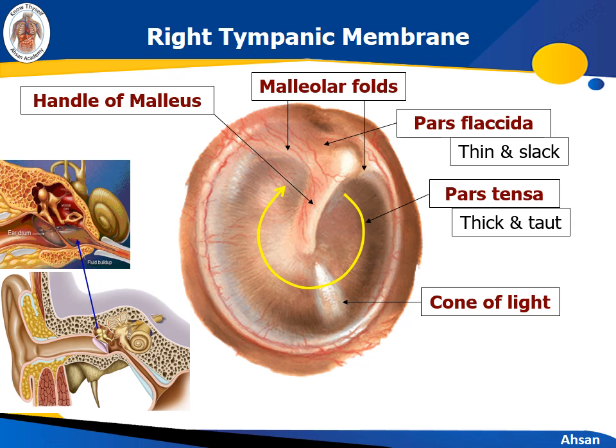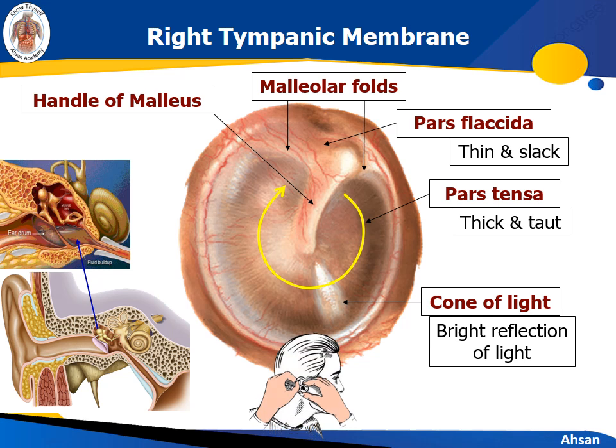A bright reflective area which is pyramidal in shape is known as the cone of light, which is directed anterior-inferiorly. It's a bright reflection of the light. Because of observing this direction, we can identify the side of the tympanic membrane.